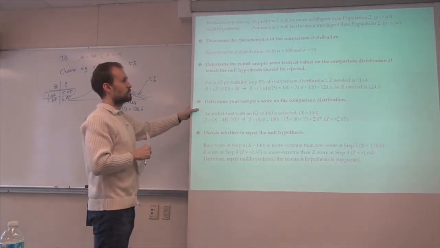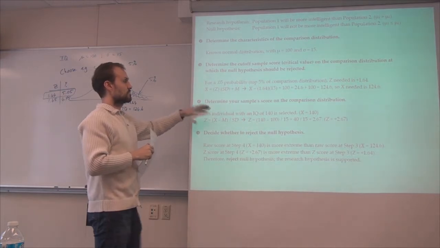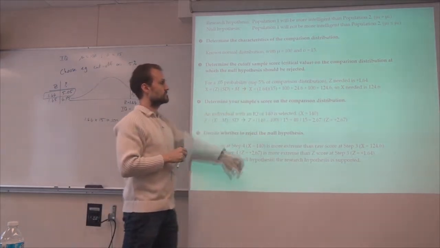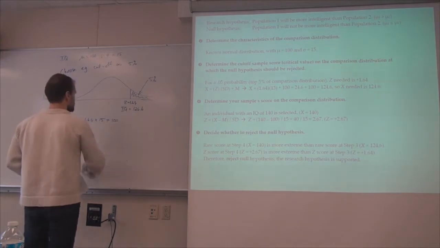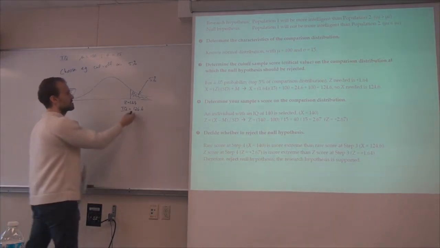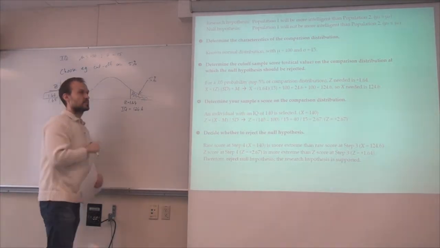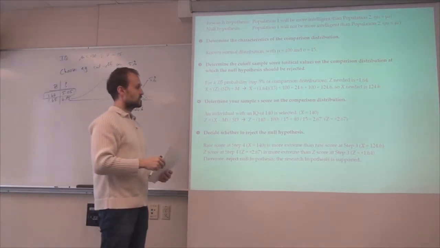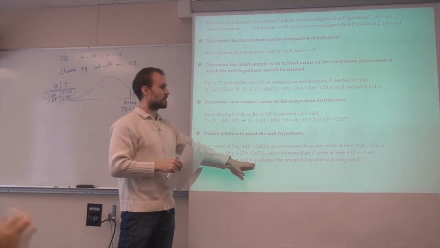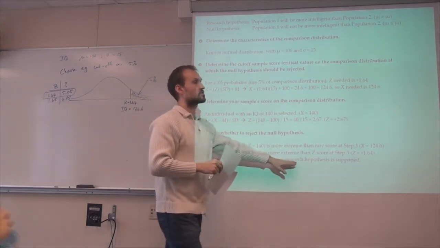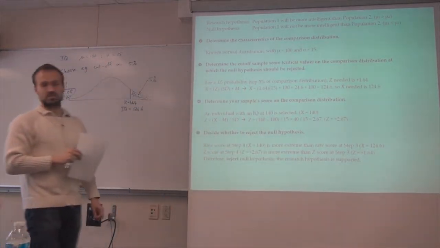Then we see what the sample is doing. For example, she picks a 140. Then you can say, well, 140 is above. If it falls above, then there is evidence to reject the null hypothesis, and it supports the research hypothesis.